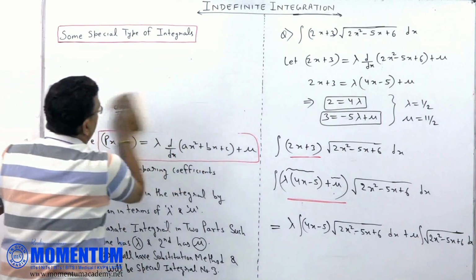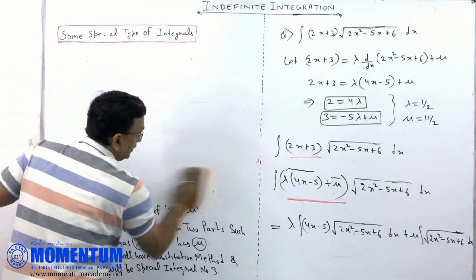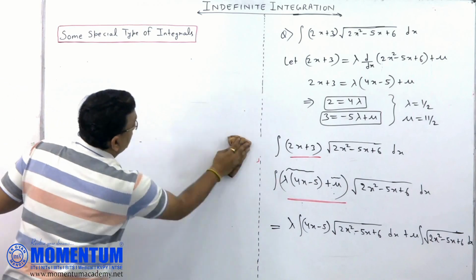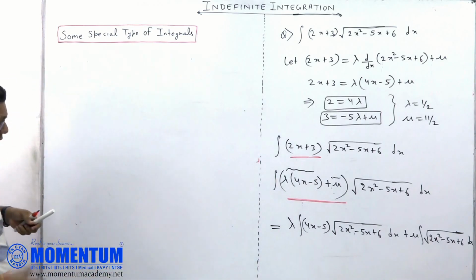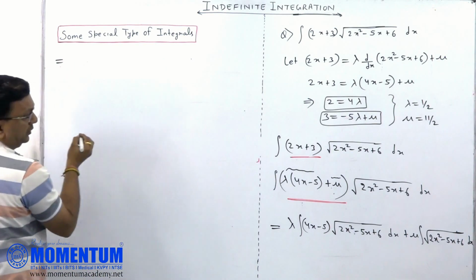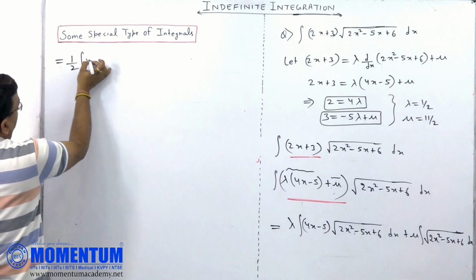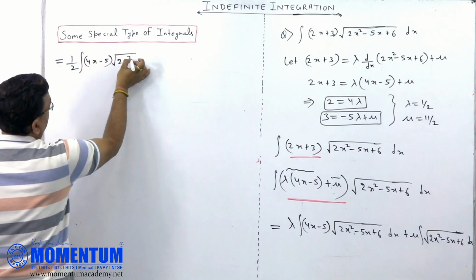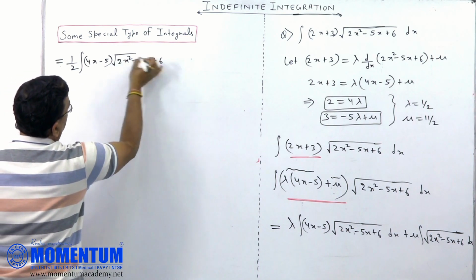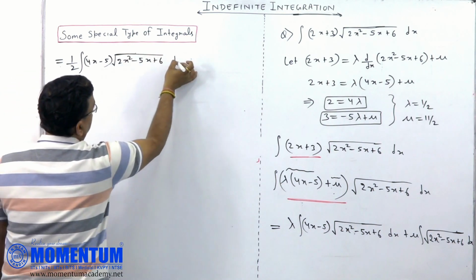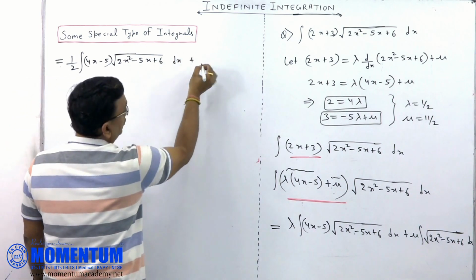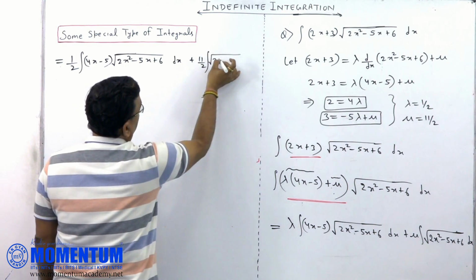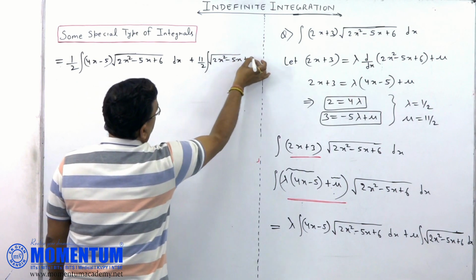We have got the values of lambda and mu. So now putting values of lambda and mu. Lambda 1 by 2: 1 by 2 integration of 4x minus 5 into root over 2x square minus 5x plus 6, plus mu 11 by 2 integration of root over 2x square minus 5x plus 6.